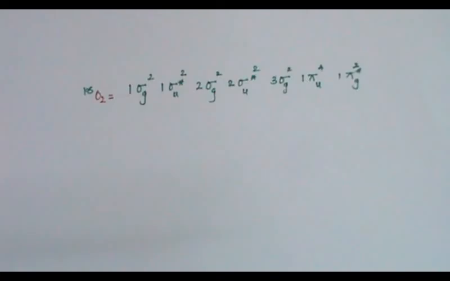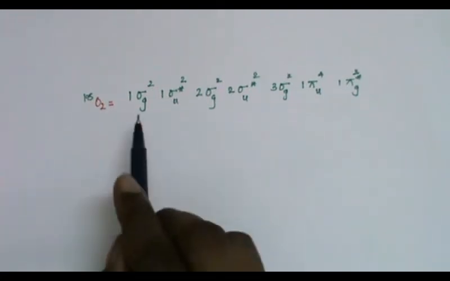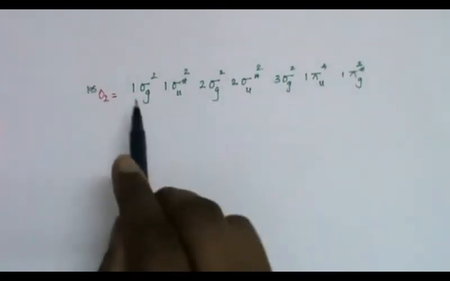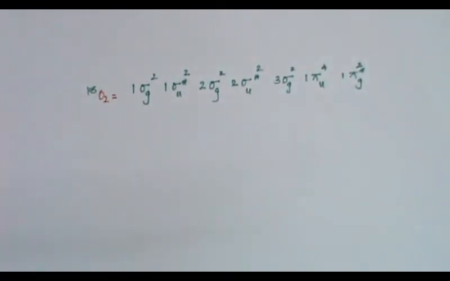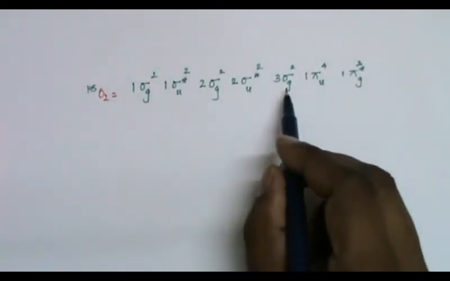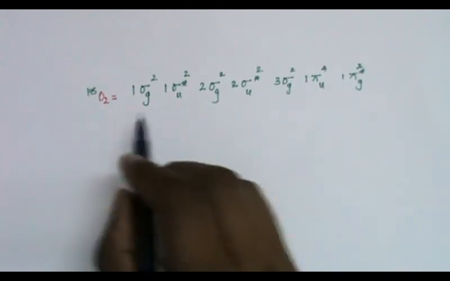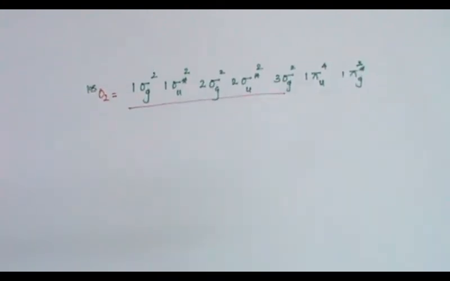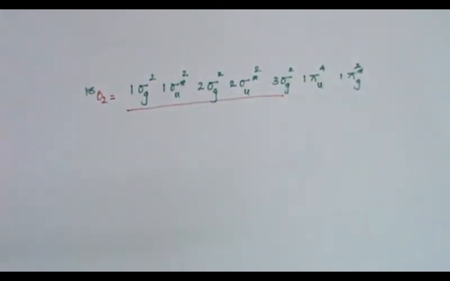Here I have given the configuration of O2 molecule. I need not bother about these filled molecular orbitals. Sigma orbital can accommodate 2 electrons. So all these sigma orbitals have been completely filled. So I need not bother about that.